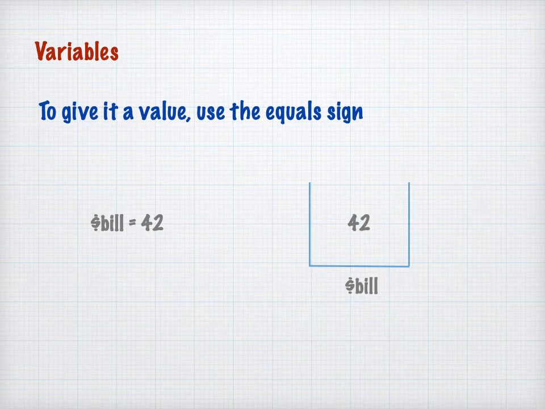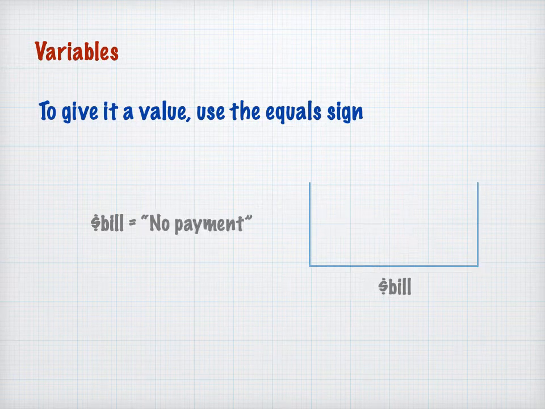Now this is an example with a whole number, but of course it could be a floating point number, a real number, something like 57.98. It could be a string, so we could say no payment. And here the string no payment is written into the box.